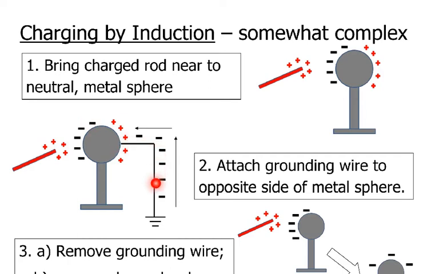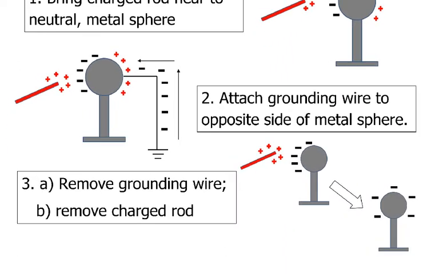So if we hook up a wire to this side of the sphere, then extra electrons from the ground or the Earth are going to want to go up and fill in that positive charge so it becomes neutral. All right? So that makes this side of the sphere neutral now because it's gotten enough electrons to balance out those pluses. And now this side is still charged minus.